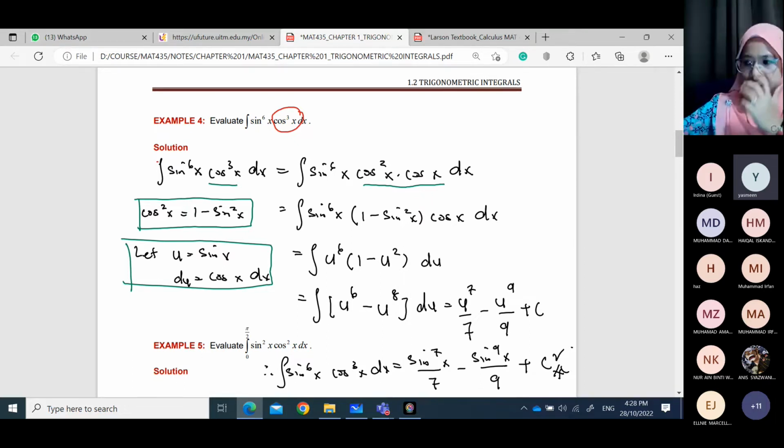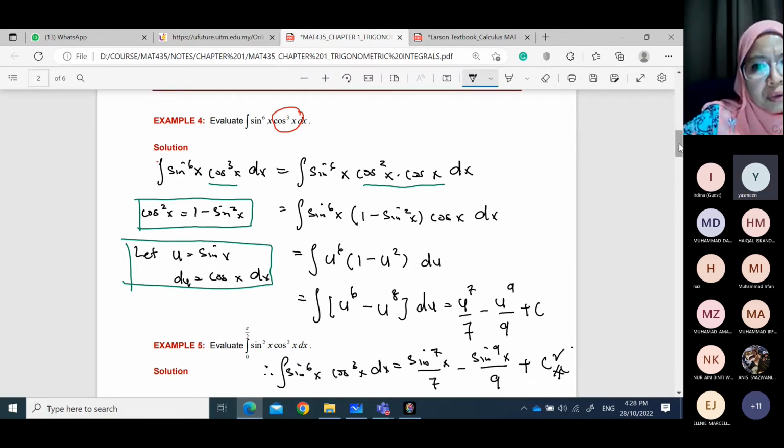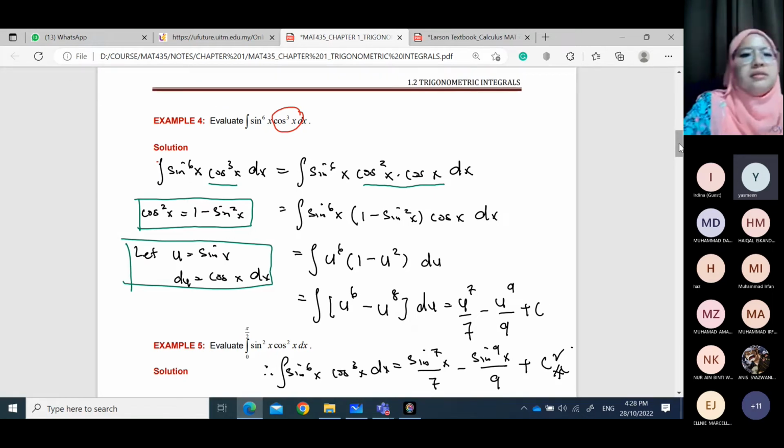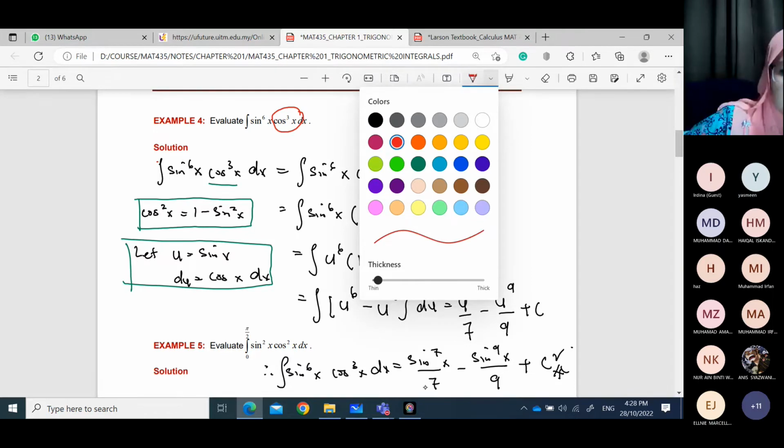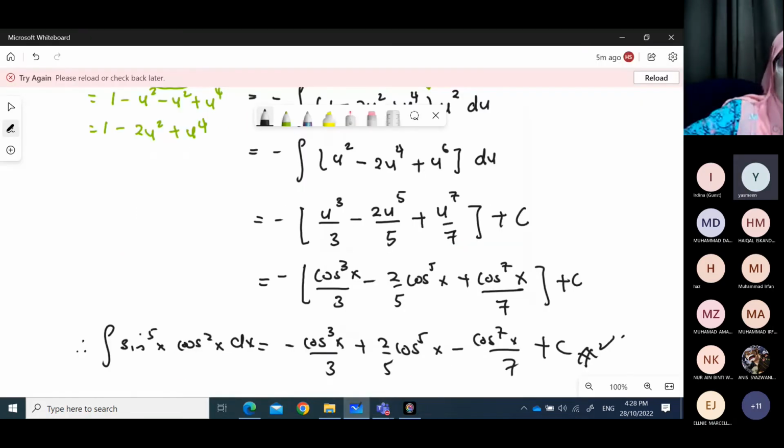Ada soalan kelas? Tak ada ya? Okey, soalan saya. Macam mana pula kalau kedua-dua power adalah odd? For example, we have this one.